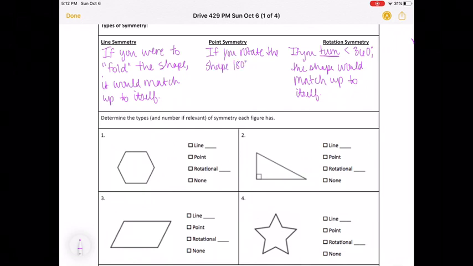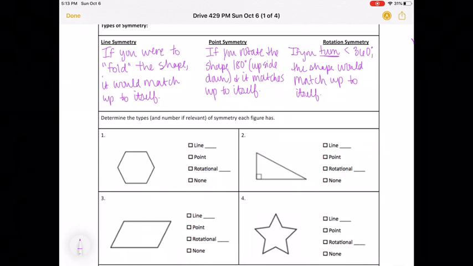You can also think just if you turn it upside down, okay? So 180 is upside down. And it matches up to itself, or is the same. Okay?